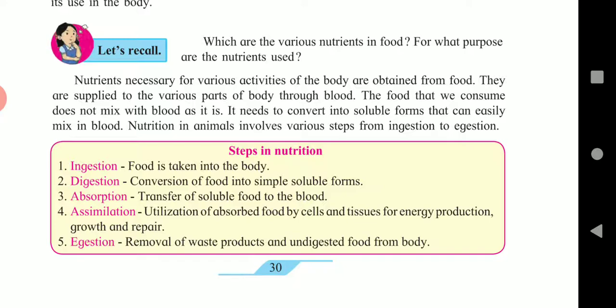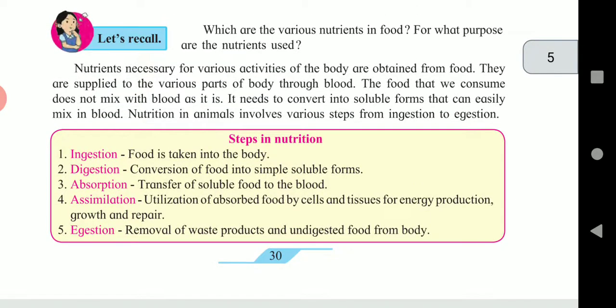Transfer of soluble food to the blood. Fourth one, assimilation. Production of energy through the absorbed nutrients and also carrying out growth and repair processes through these nutrients.